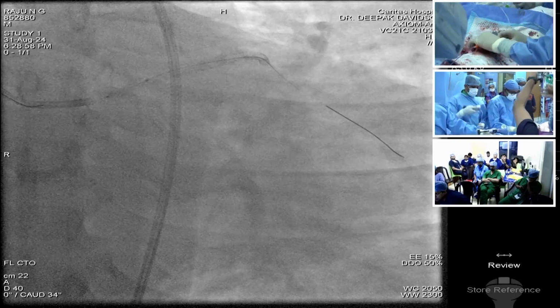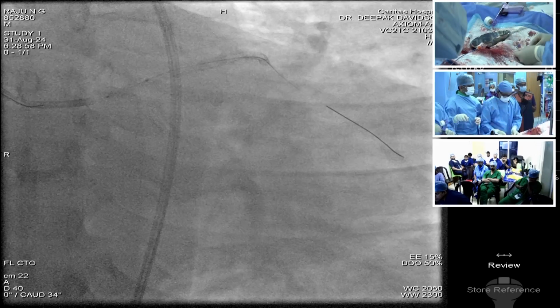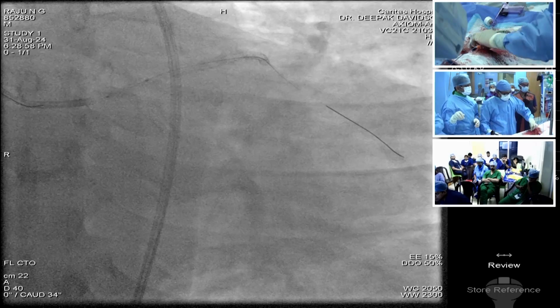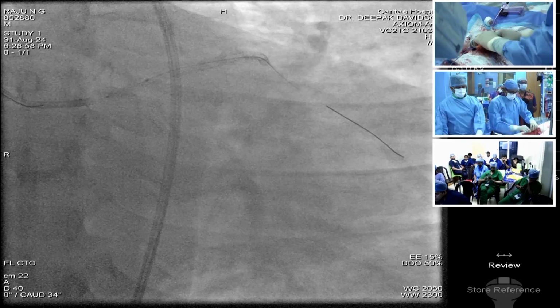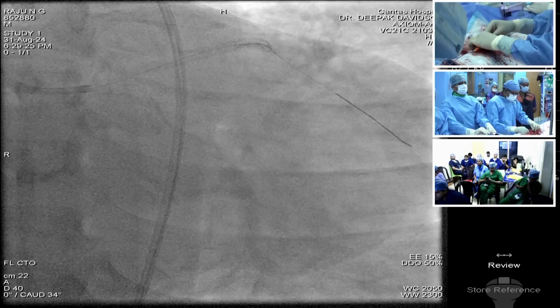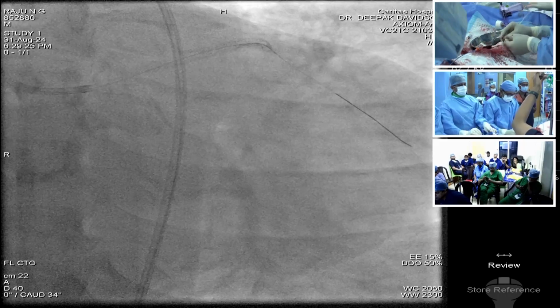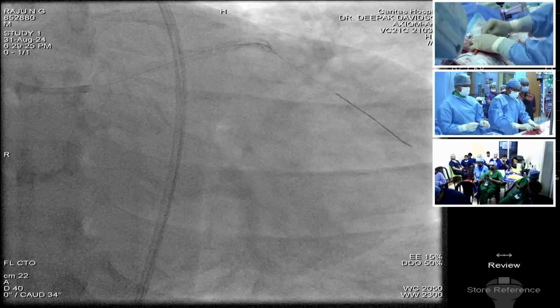Now we'll take out these balloons. Be ready with the OCT catheter. We have taken out both the balloons.